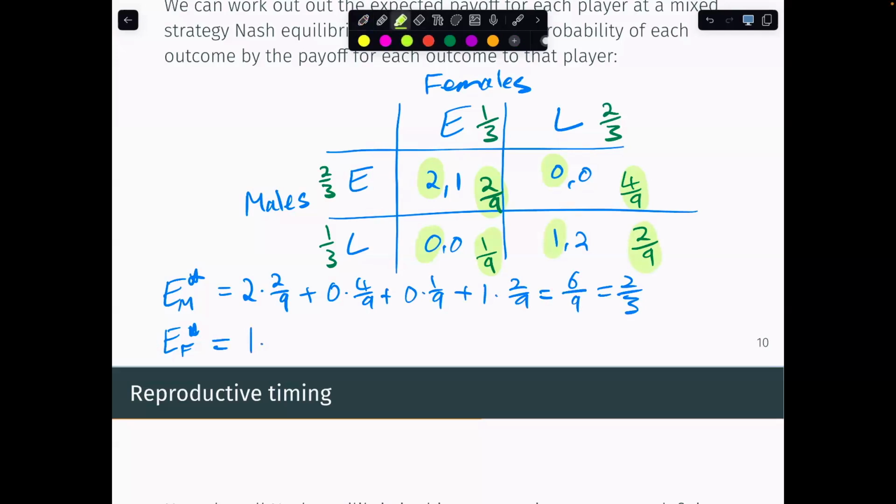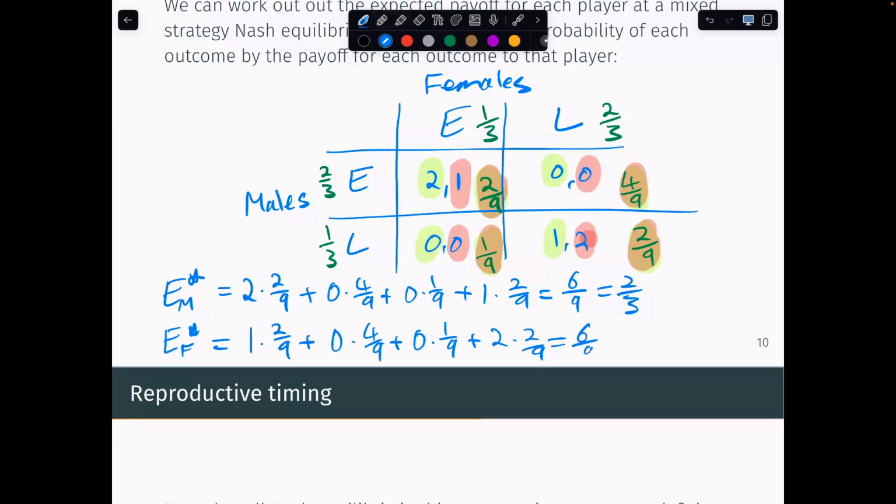They will have 1 times by 2/9, plus 0 times by 4/9, plus 0 times by 1/9, plus 2 times by 2/9. Again, this equals 6/9 or 2/3.